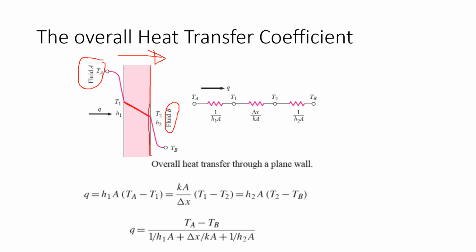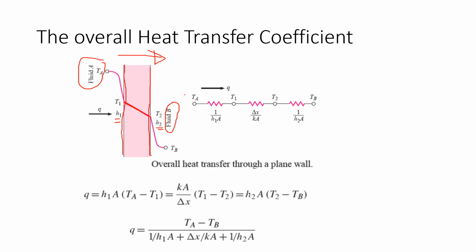You can see temperature of this face of the wall is named as T1, temperature of this face of the wall is named as T2. Convection heat transfer coefficient for fluid A is given by h1, and convection heat transfer coefficient for this fluid is given by h2. h2 is convection heat transfer coefficient of fluid B.